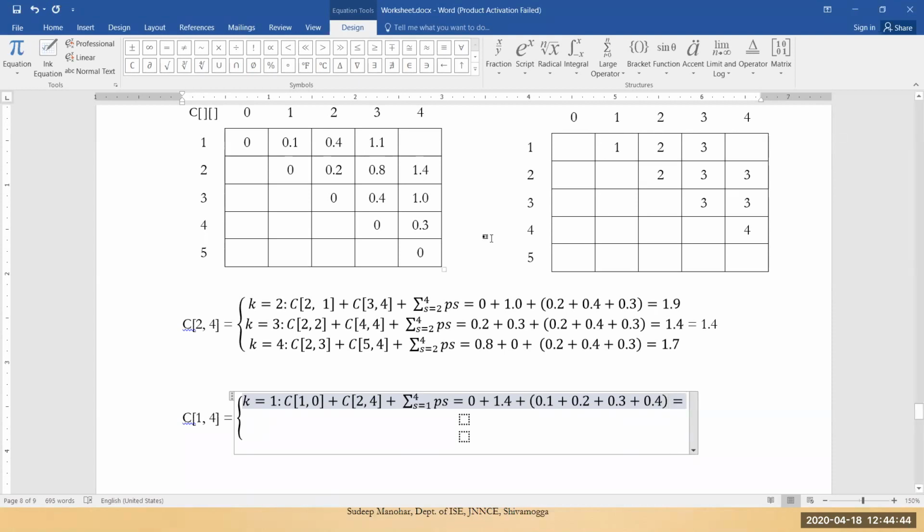The sum of this is 1.0. 7 plus 2, 9 plus 1, it is 1.0. 1.0 plus 1.4, you get 2.4. That is the first one.